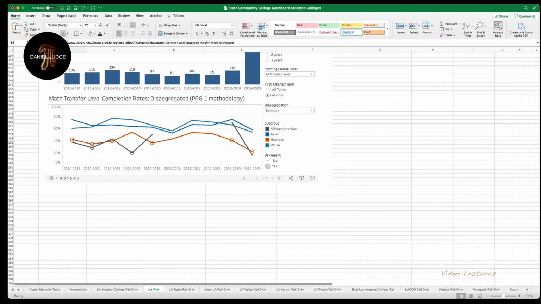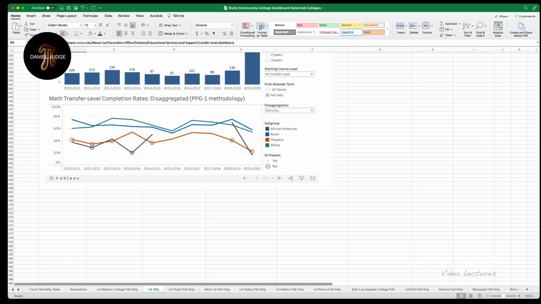Declining success rates for all groups, African American, Asian, Hispanic, and white. They were all declining. And take a look. Did we close equity gaps? Well, if you look at the red and the black, which is Hispanic and African American, you close gaps there, but you close them lower.